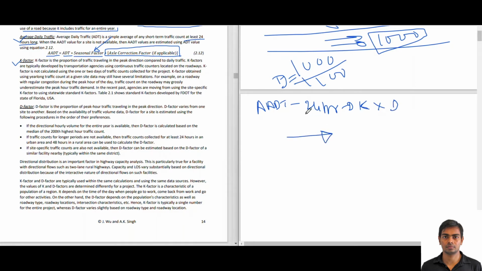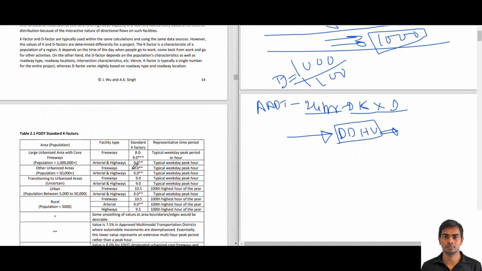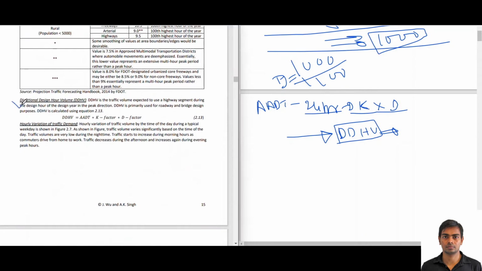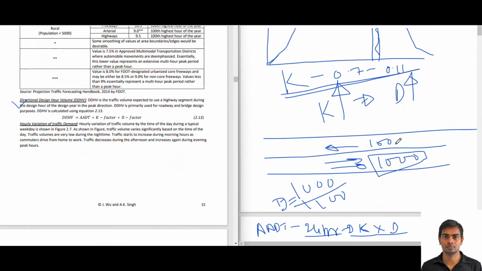So the 24-hour count multiplied by K multiplied by D represents something called the directional design hour volume, DDHV. The directional design hour volume is what determines how well the roadway is performing. So the level of service on roadways is usually defined based on directional design hour volumes.